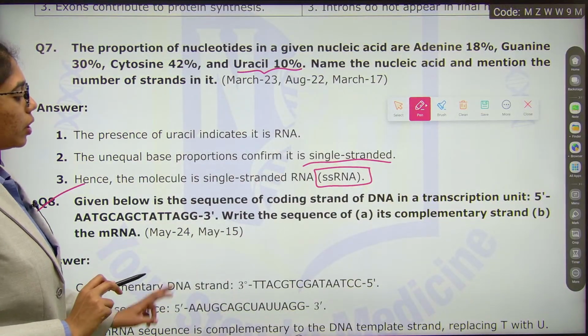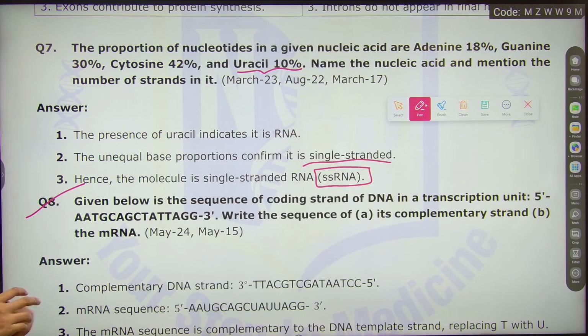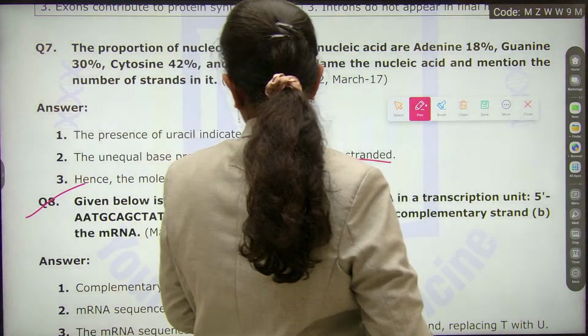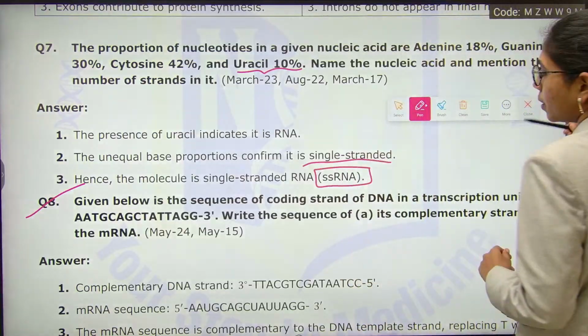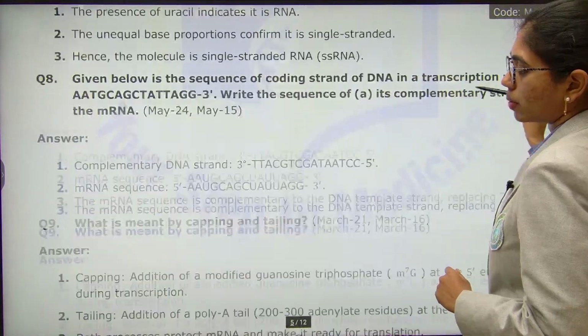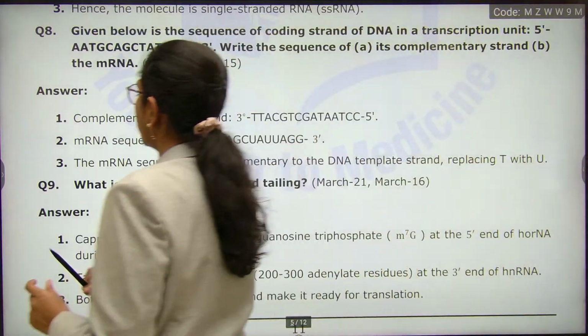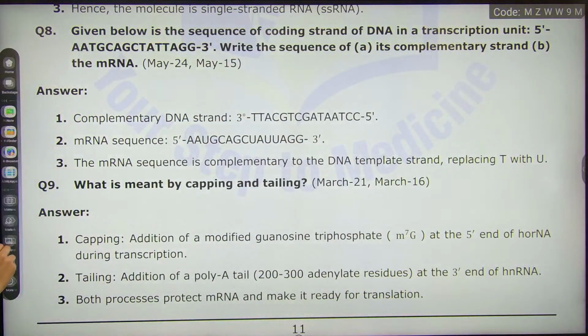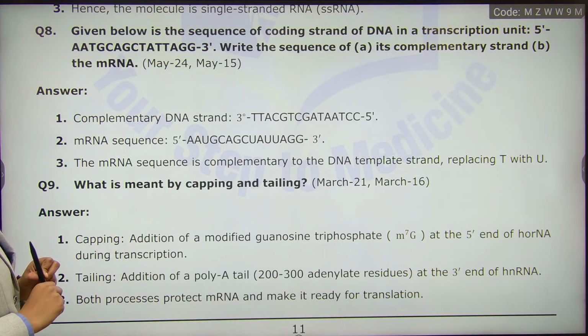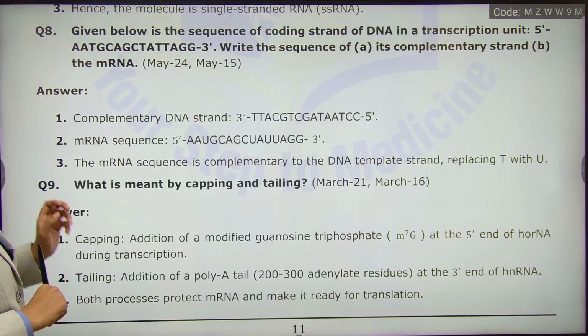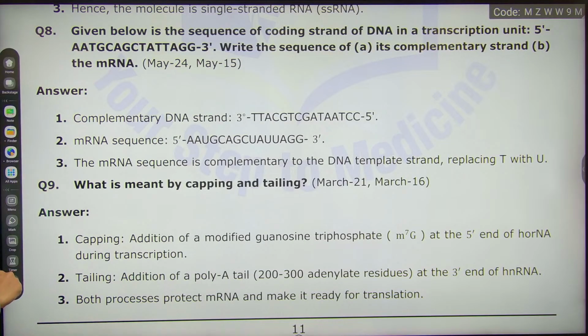Given below is the sequence of the coding strand of DNA in a transcription unit, 5 prime to 3 prime. Write the complementary strand and the mRNA. Since synthesis is always from 5 prime to 3 prime, you have to start from 5 prime to 3 prime.